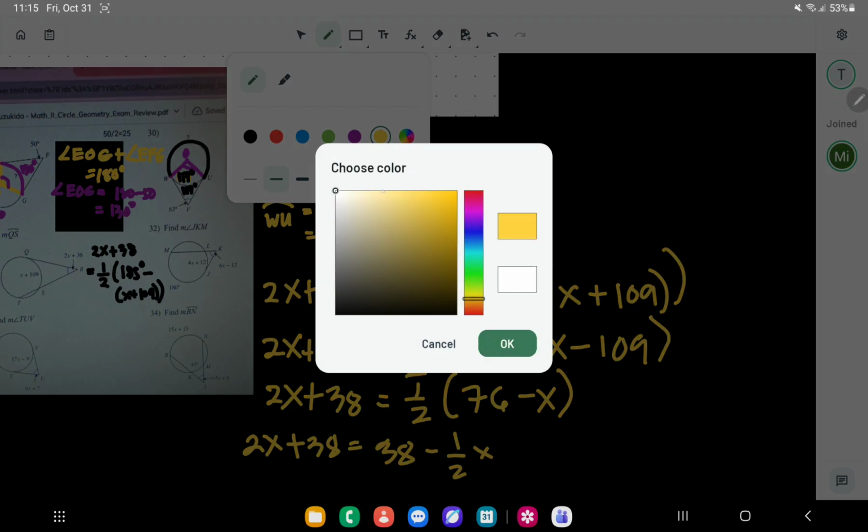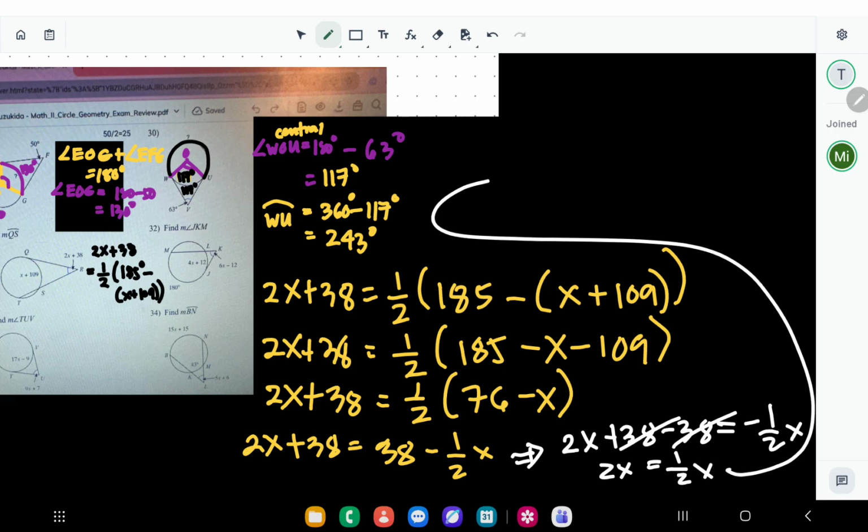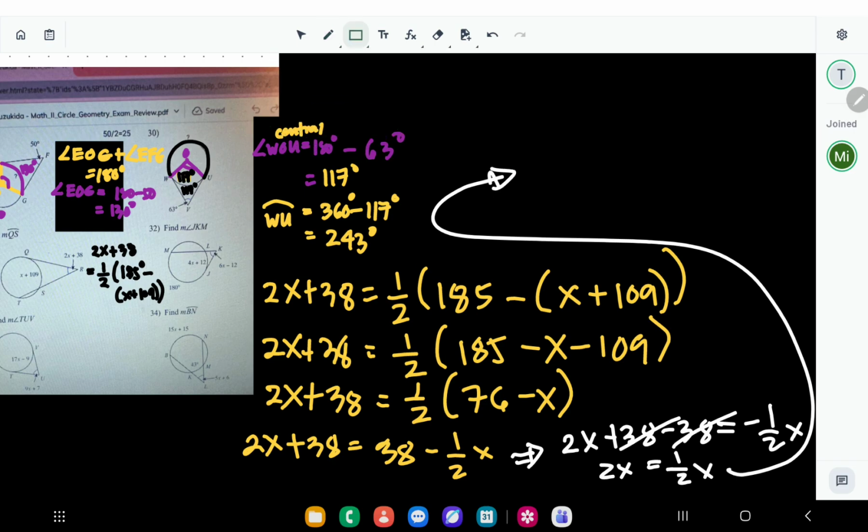Then we further simplify. 2x plus 38 minus 38 equals negative 1/2 x. So this cancels out. So we have 2x equals 1/2 x. So 2x equals 1/2 x. And negative 1/2, right?